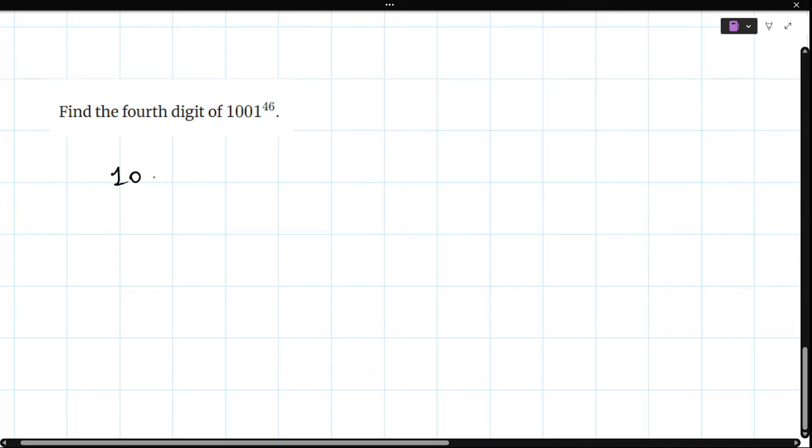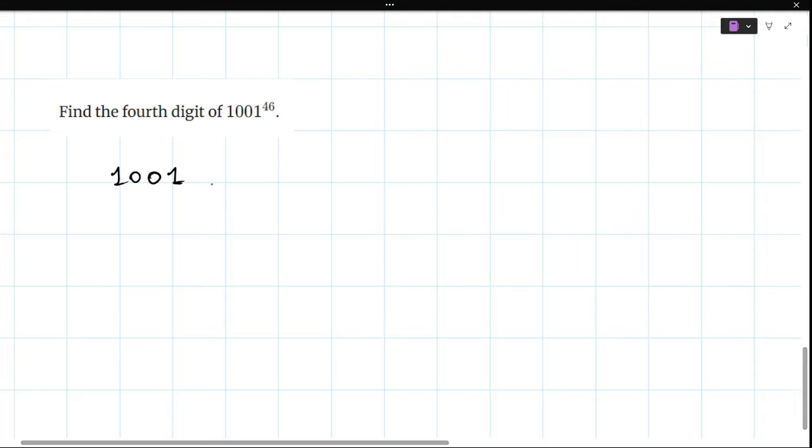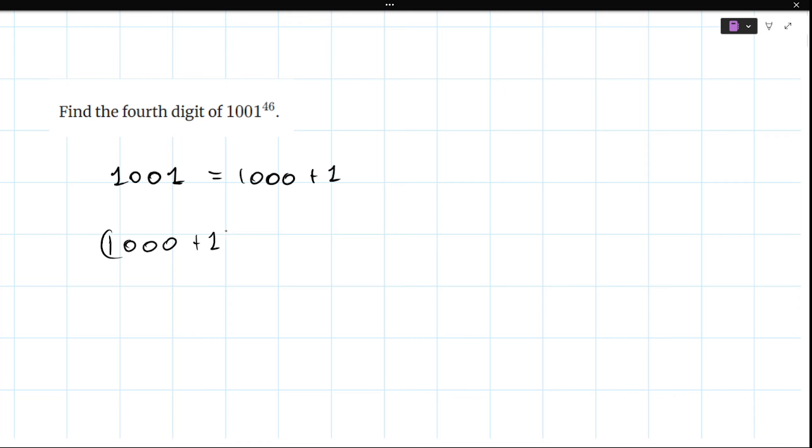about 1001 separately. 1001 can be written as 1000 plus 1. The reason this is a very important step is because then I can rewrite this as 1000 plus 1 to the 46, and apply my binomial to this.